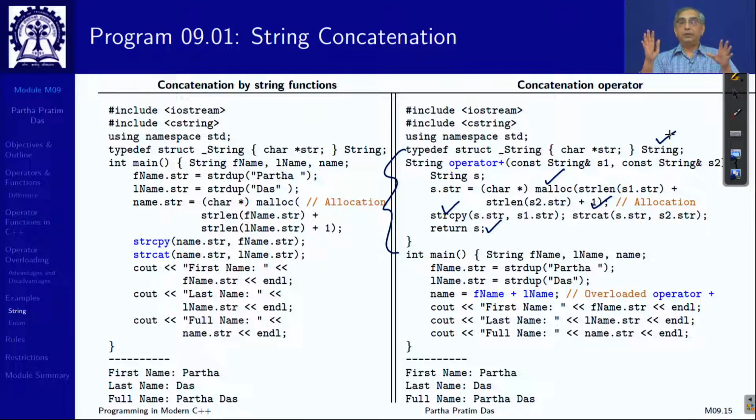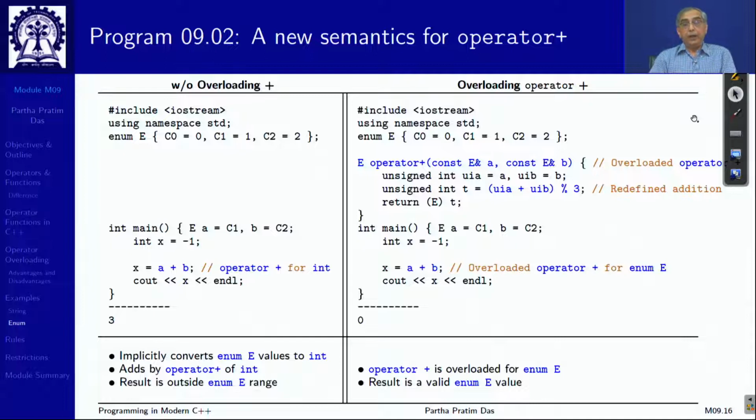This is now your new concatenation operator, and now we can write it simply as fname plus lname. Beautiful, isn't it? That certainly means a lot more syntactic convenience, but conveniences will keep on increasing, as we will see.